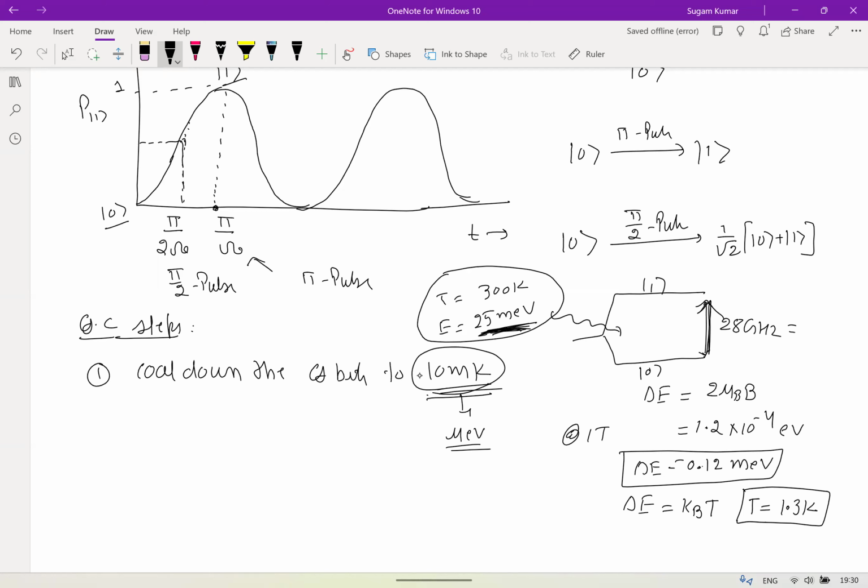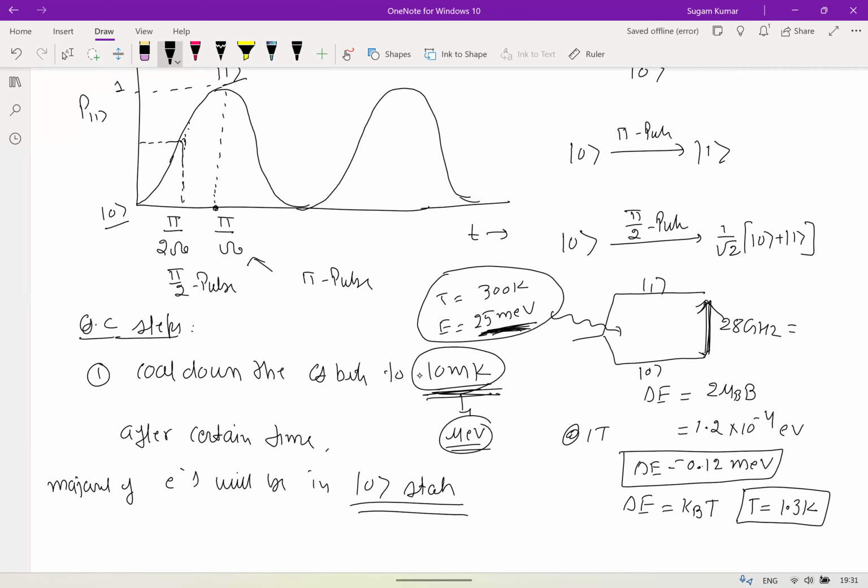So when you are at 10 millikelvin, the energy from the environment is in the micro electron volt, and this will not cause any disturbance. So if you cool down and wait for the certain transition time, then after a certain time all electrons, or I can say the majority of electrons, will be in the 0 state.